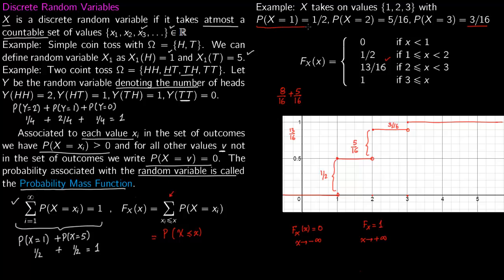It has three values: half, 5 by 16 and 3 by 16, and you add them up, you get 1. So this is the probability mass function associated with the random variable capital X.